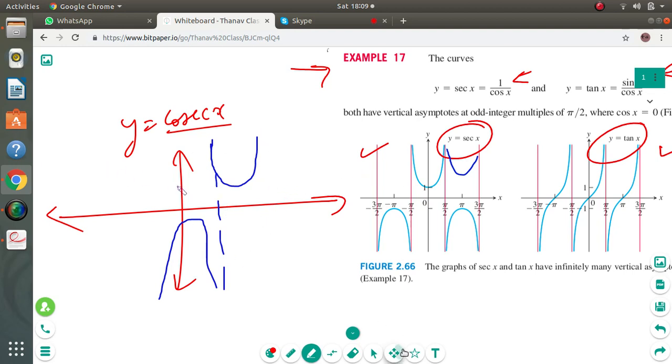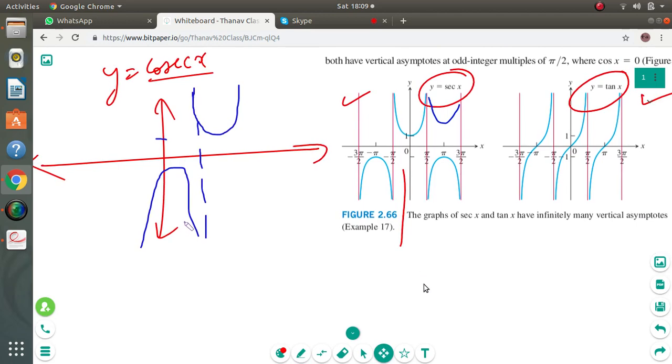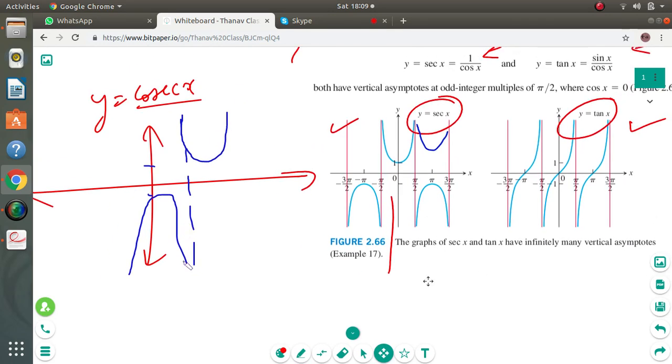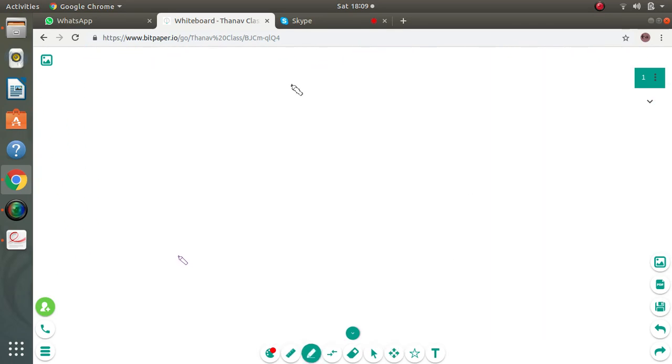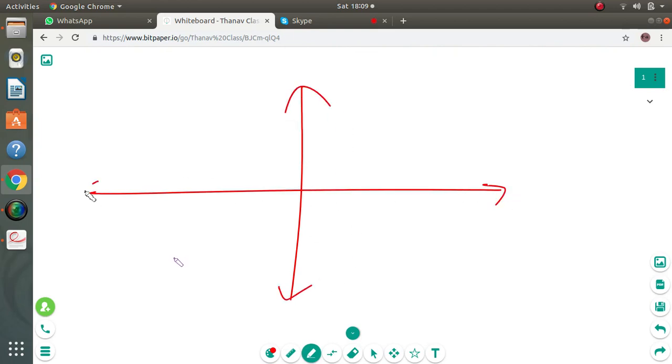The idea is for the reciprocal function here we have: if this is sin x, then what I've drawn is literally just mirroring it on the x-axis.